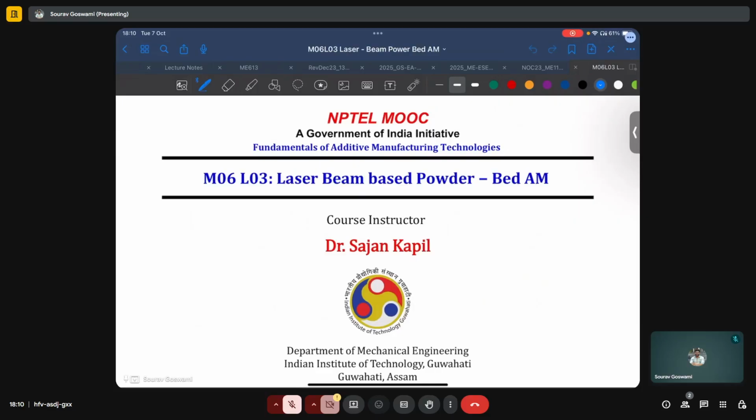Last week we already looked at the blown powder type processes such as direct energy deposition using blown powder, in which case the powder is delivered to the desired region on the substrate or pre-built layer by some carrier gases.